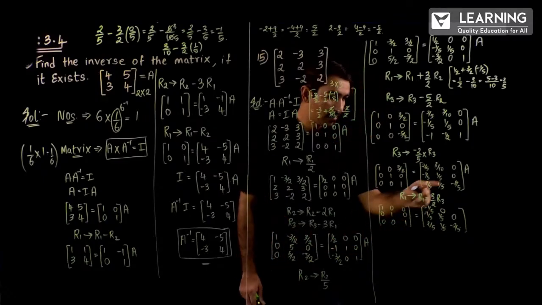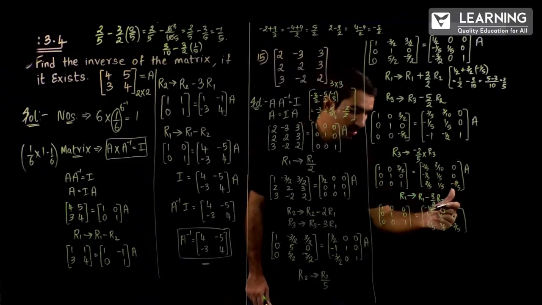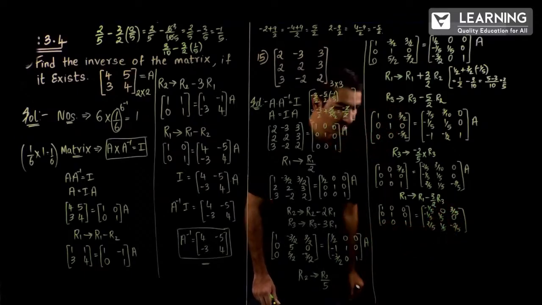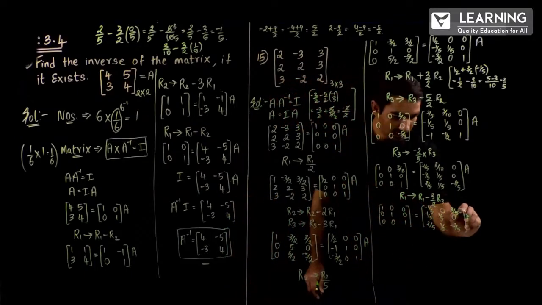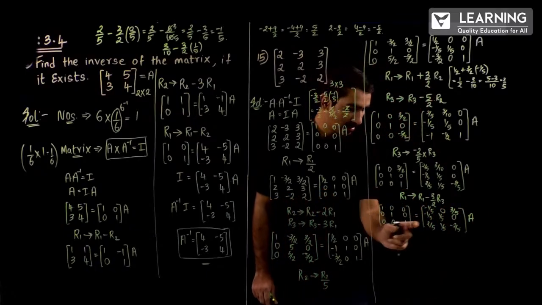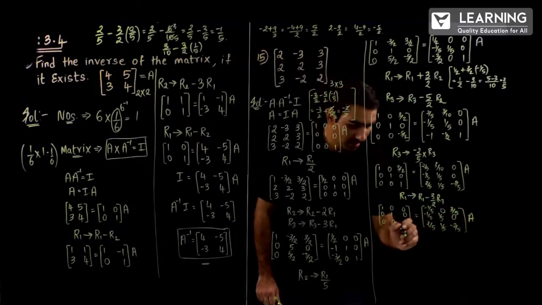Next, same thing again, R1 0 minus 3 by 2 of 2 by 5. 2 and 2 will get cancelled, minus into minus is plus. So this will become plus 3 by 5 here. 3 by 5 into A. This is what, students? I. This is A. Send this A on this side. I into A inverse is A inverse only.